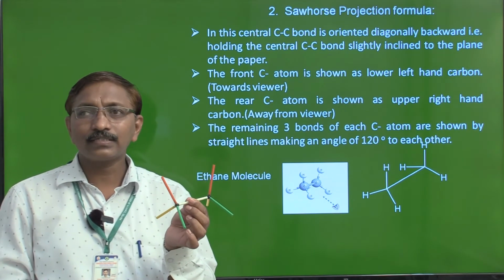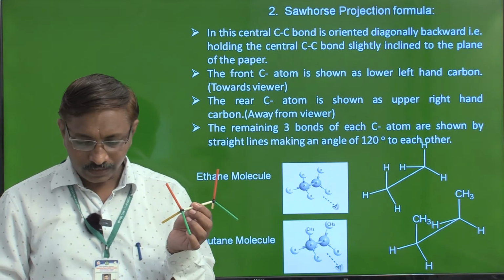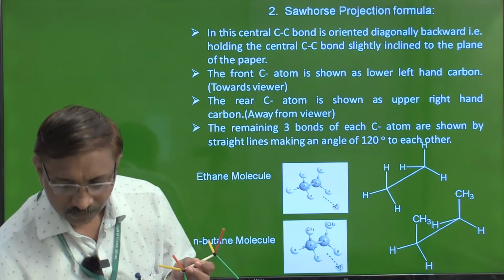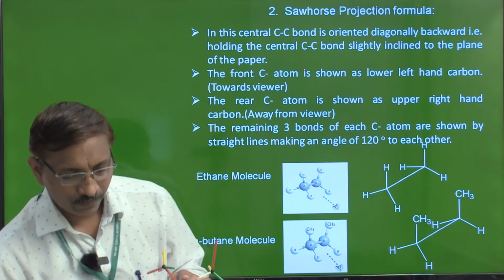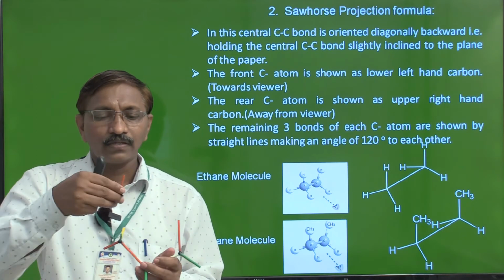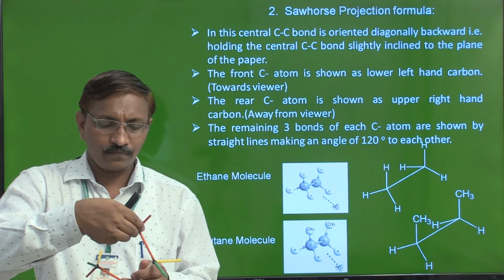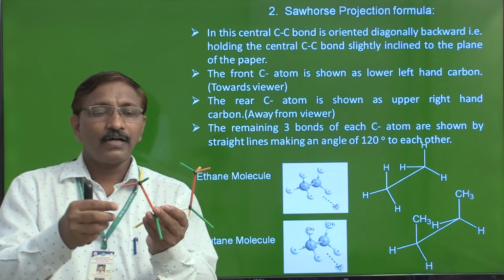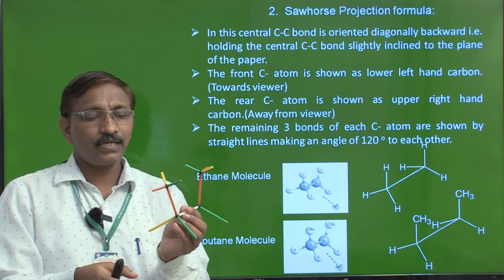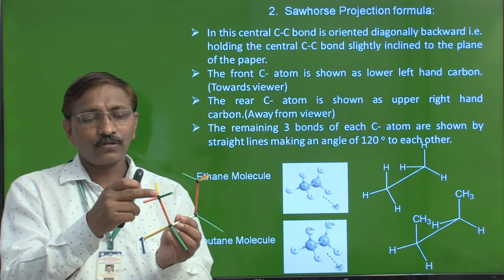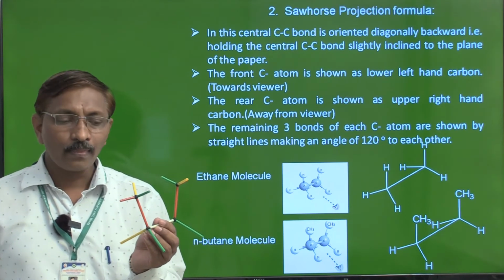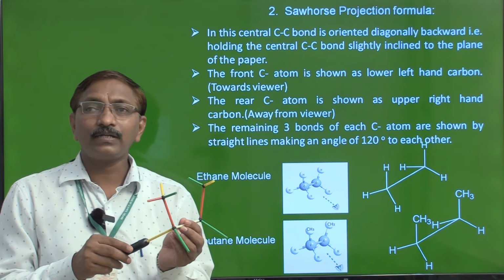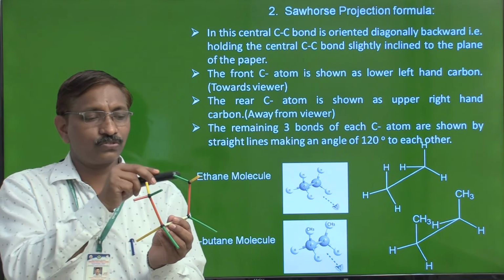Okay, now for the same example as in the previous case, where we took the dotted line wedge formula, we will take butane. Here one of the hydrogen atoms of ethane is replaced by a methyl group, so now we can observe CH3, CH2, CH2, CH3.